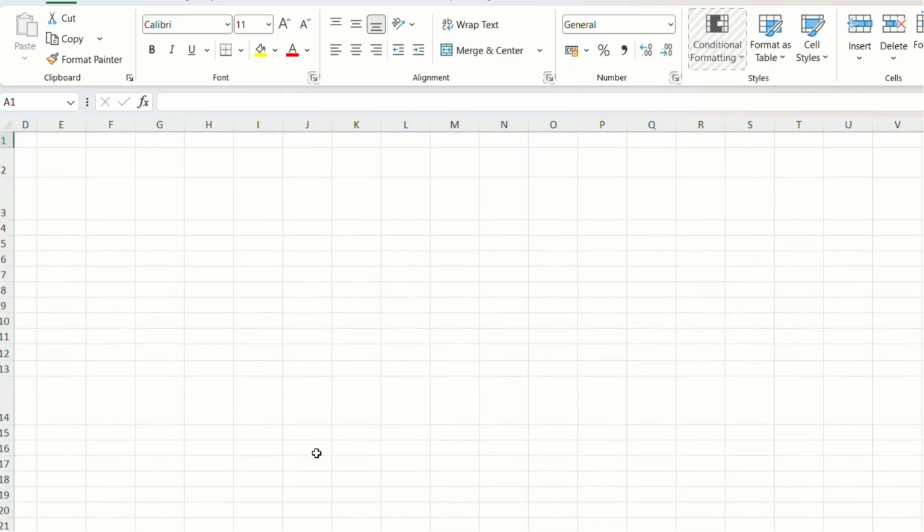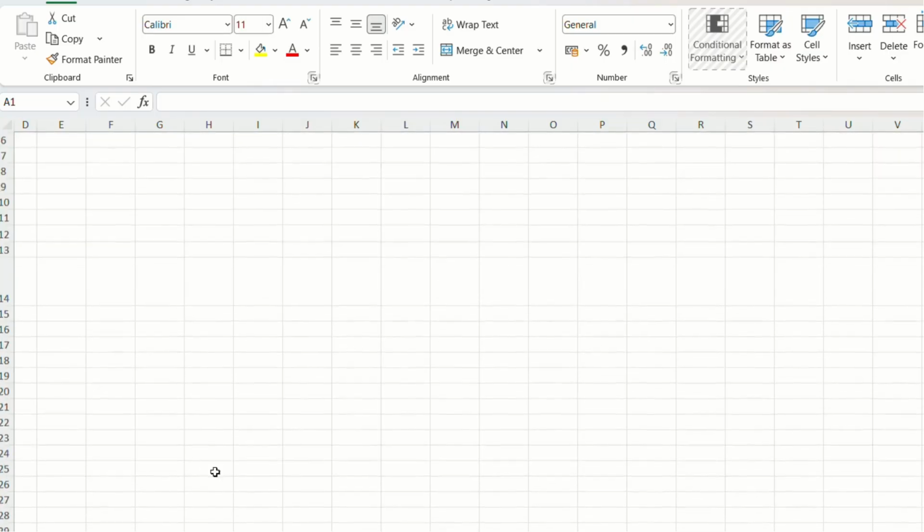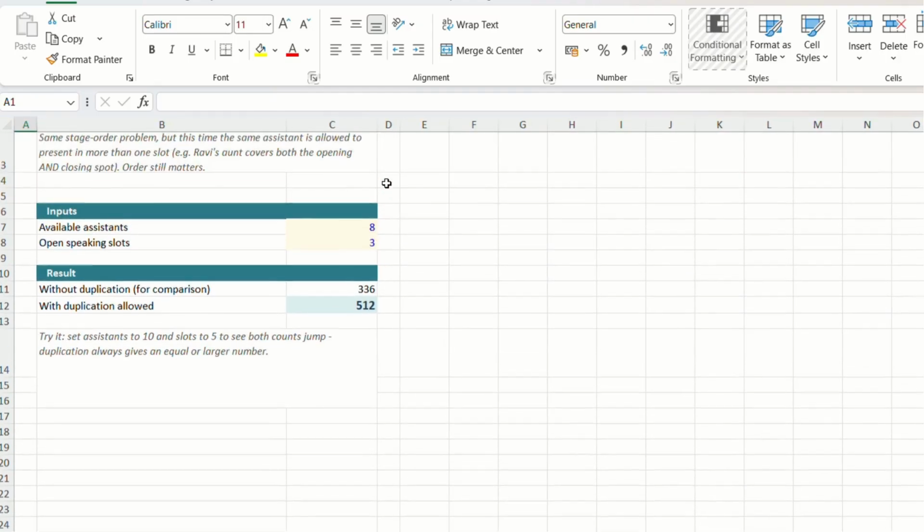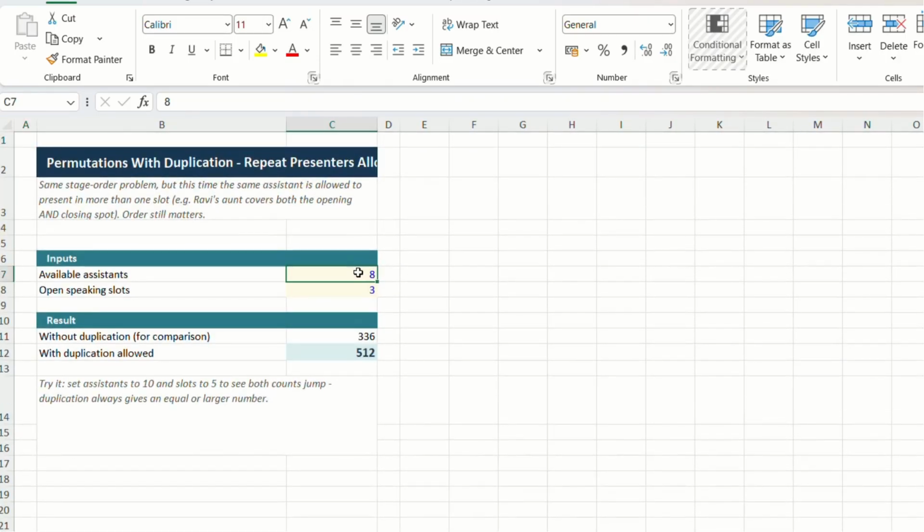Permutation with duplication, where repeats are allowed. So this is the number of available assistants with the opening slots, because in the room only three can speak. We have this value.